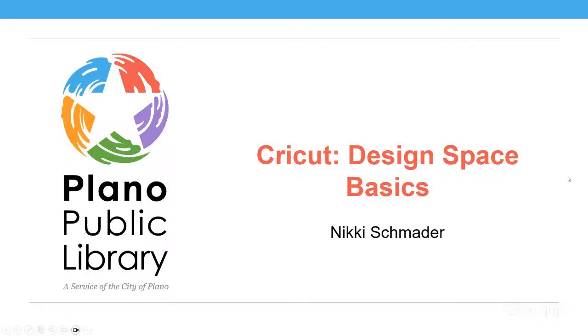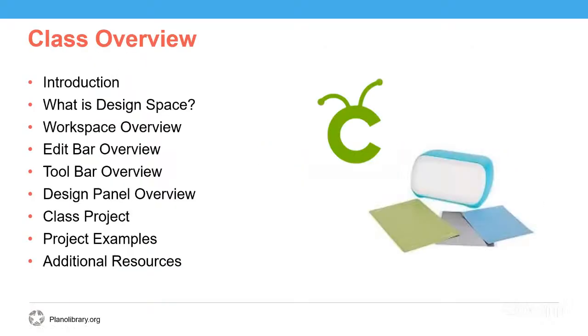All right, with all of that out of the way, let's go ahead and get started. So this is today's agenda. We will be reviewing just some basic information about the Cricut machine before we hop into Design Space. We will talk about the workspace overview and the edit and toolbars. And we do also have a handout for today's program because we have a couple of class projects that we are going to be doing together.